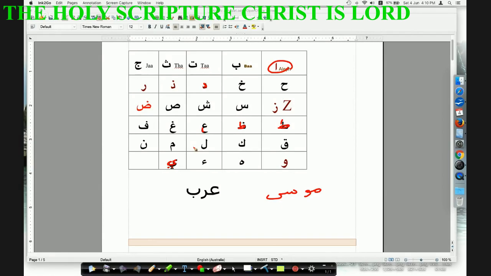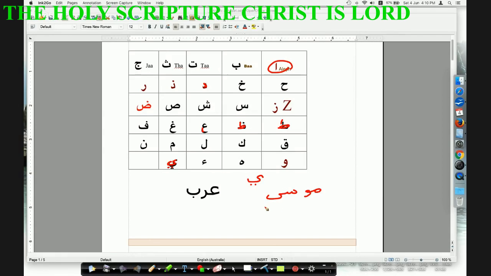Now, there are rules. Later, we will explain why the name is written this way. One of the rules is if there is a foreign name, and the name has A at the end, we will write the A as you see it, as if it is Ya, but there are no two dots. This is Ya with two dots.